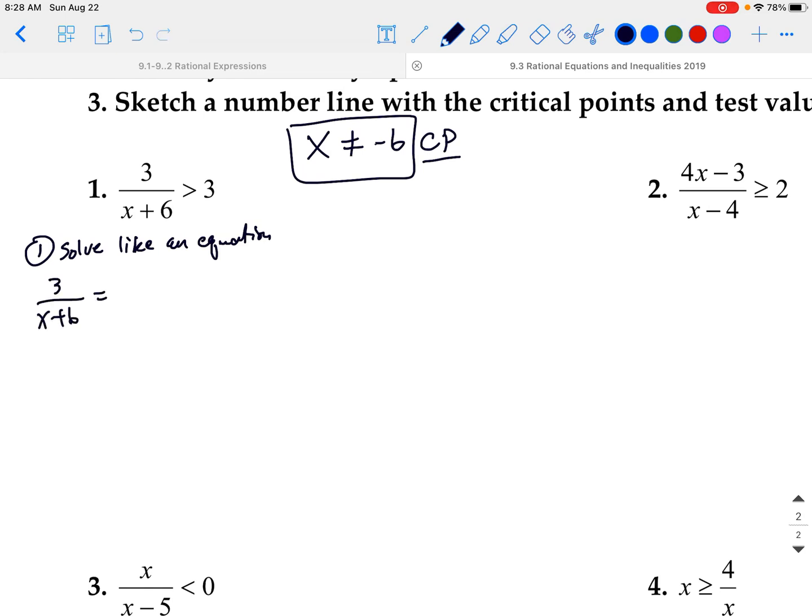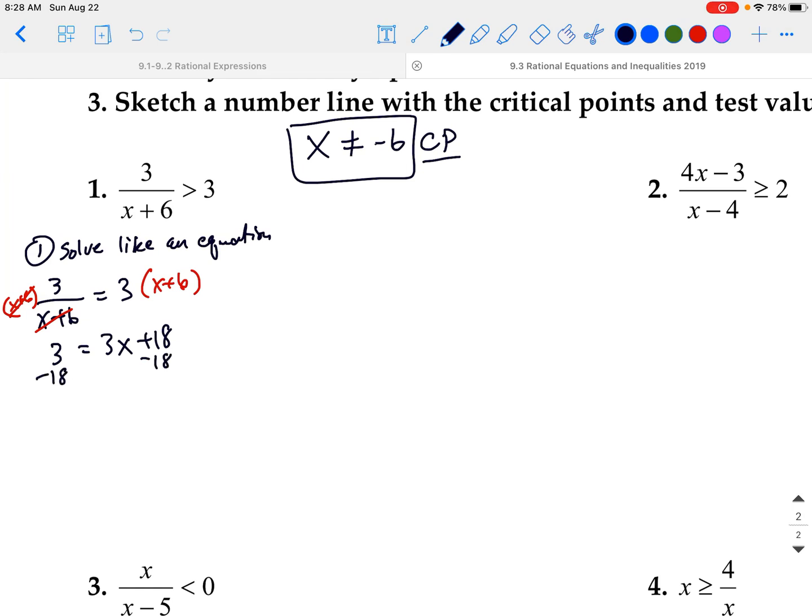So if I have 3 over x plus 6 equals 3, well, I can multiply both sides by x plus 6. And we'll end up with 3 is equal to, distributing the 3, we get 3x plus 18.